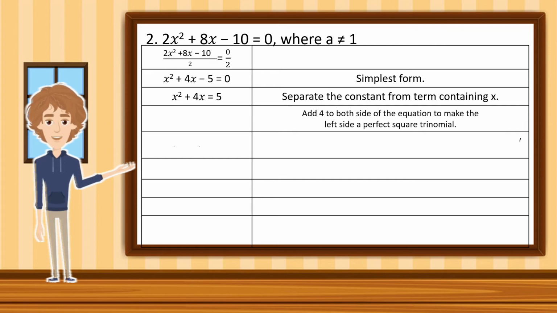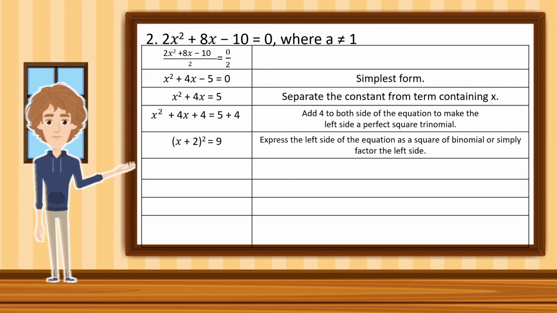And then add 4 to both sides of the equation to make the left side a perfect square trinomial. We have x squared plus 4x plus 4 is equal to 5 plus 4. And then express the left side of the equation as a square of binomial, or simply factor the left side. We have x plus 2 quantity squared is equal to 9.